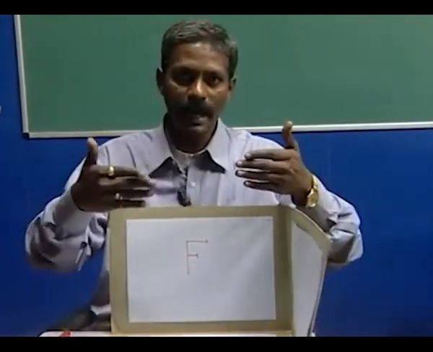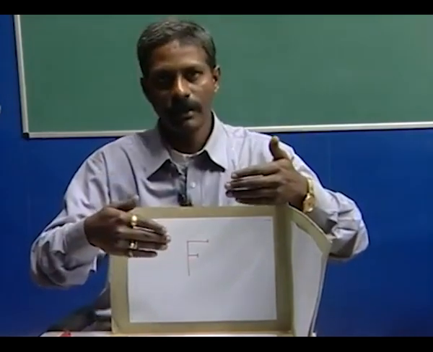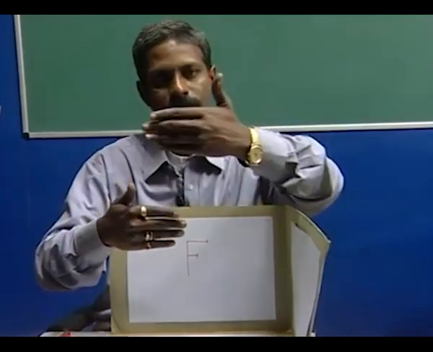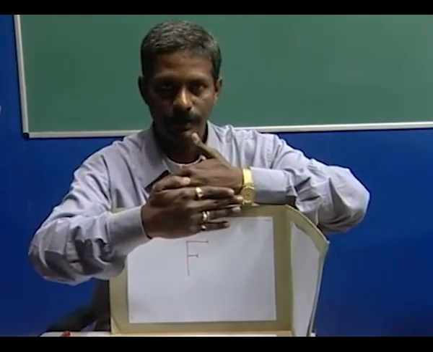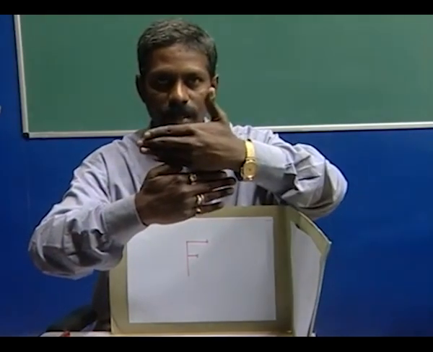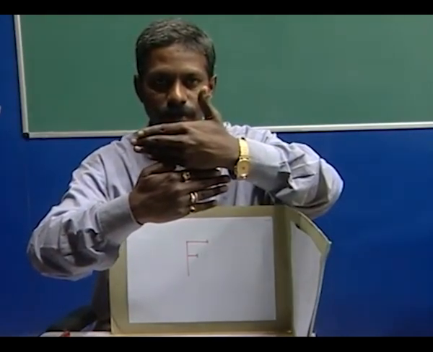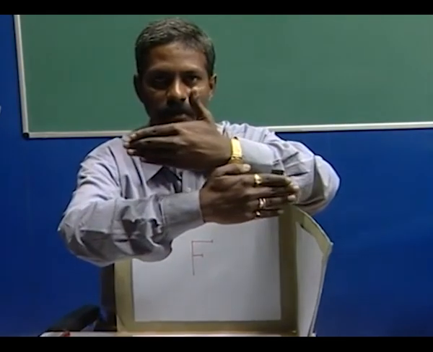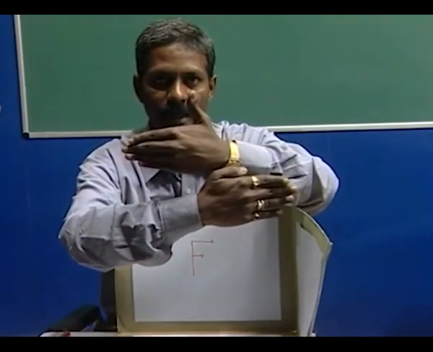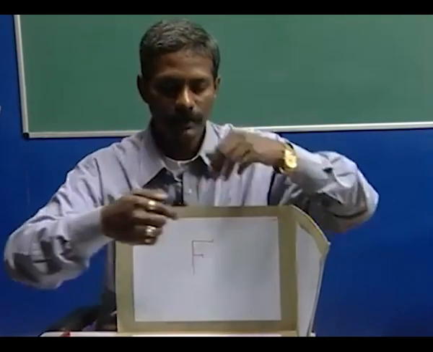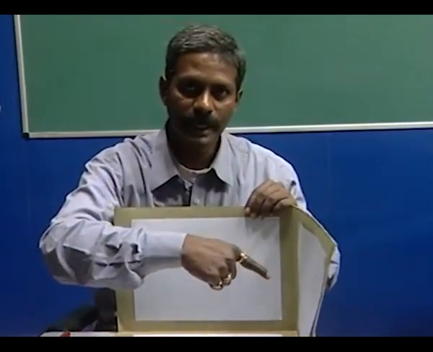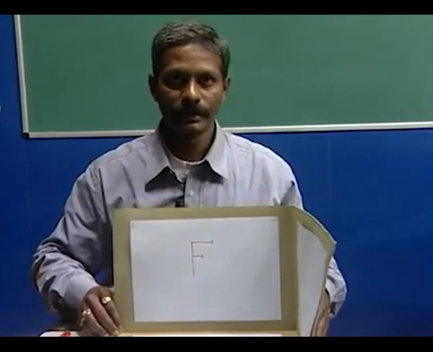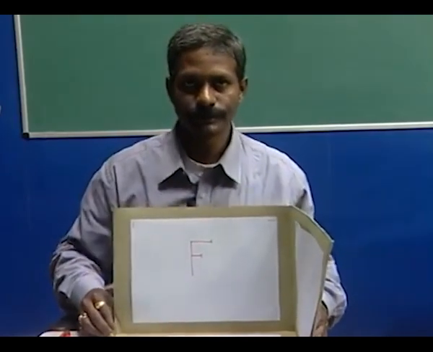If you consider my hands to be those planes, for the third angle projection, this would be my front view, this would be my top view, and the plane here will be my right hand side view. In other words, these planes get reoriented slightly differently for the third angle projection.